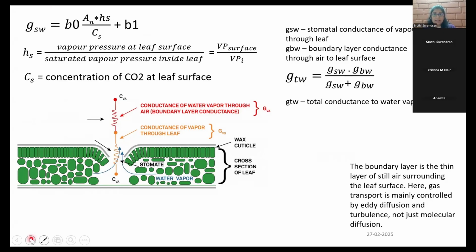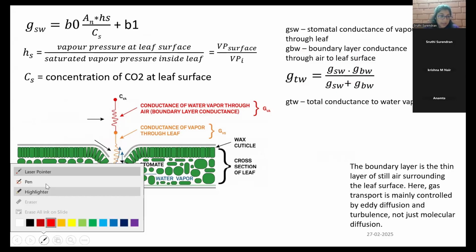So in that case, if GSW is the stomatal conductance of vapor through the leaf, that is whatever vapor is going out from the inside of the stomata to the leaf surface, and the boundary layer conductance is given by GBW, then the total conductance will be this value.